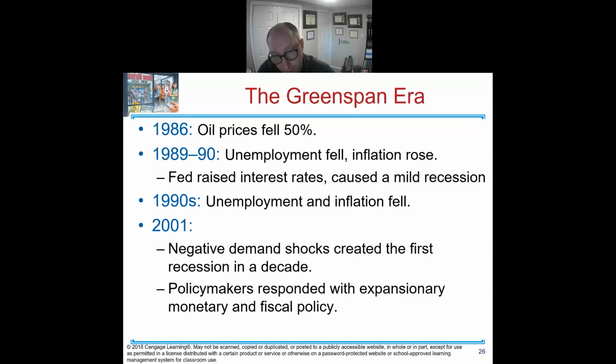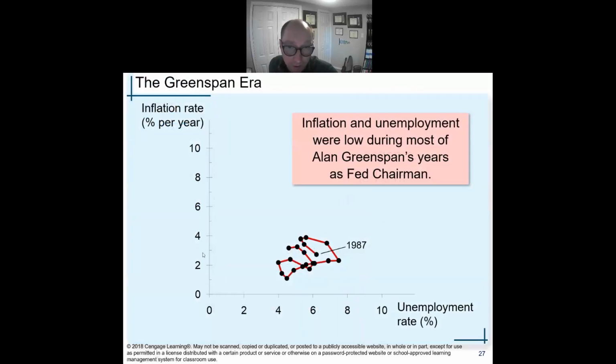And policymakers responded by trying to bolster the economy with monetary and fiscal policy during the early 2000s. Inflation rates were relatively low. The unemployment rates fluctuated during that time, but overall, we can see those pretty much centralized.